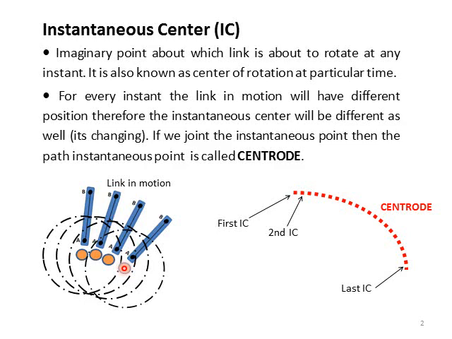And if we draw a path from time 1 second, 2 seconds, 3 seconds, 4 seconds, 5 seconds, and so on, the path of these instantaneous centers is named the centroid.